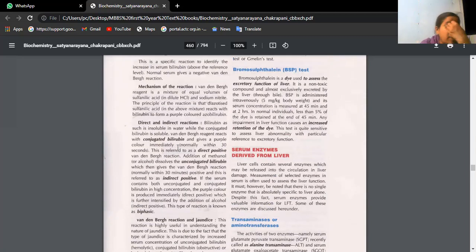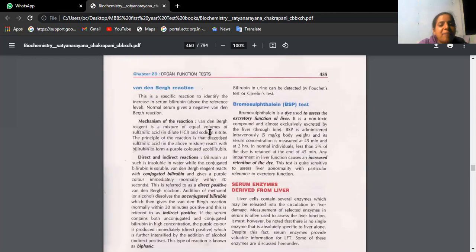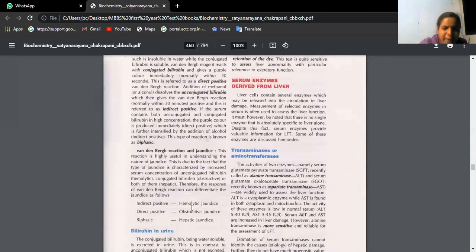You have collected the blood sample, separated the serum, and into the serum we have added Vandenberg's reagent, which is nothing but a mixture of sulfanilic acid and sodium nitrate. Once you add Vandenberg's reagent to the serum, generally we get a violet color. In case of hemolytic jaundice, we do not get an immediate violet color.